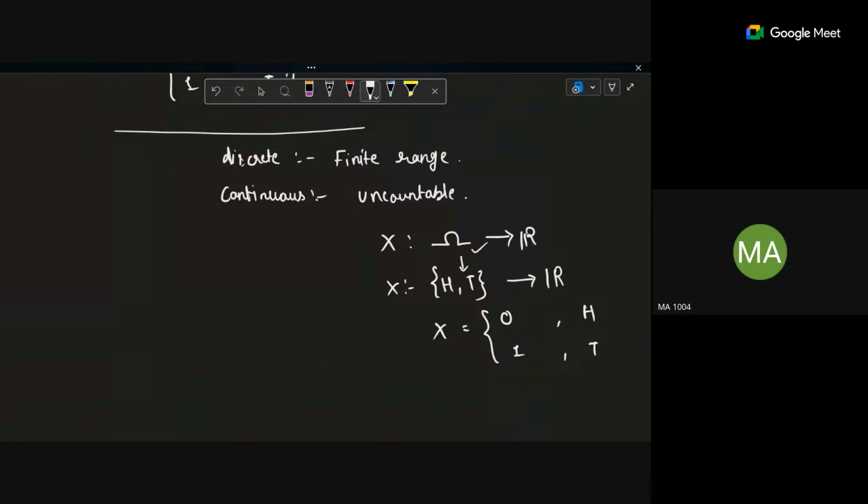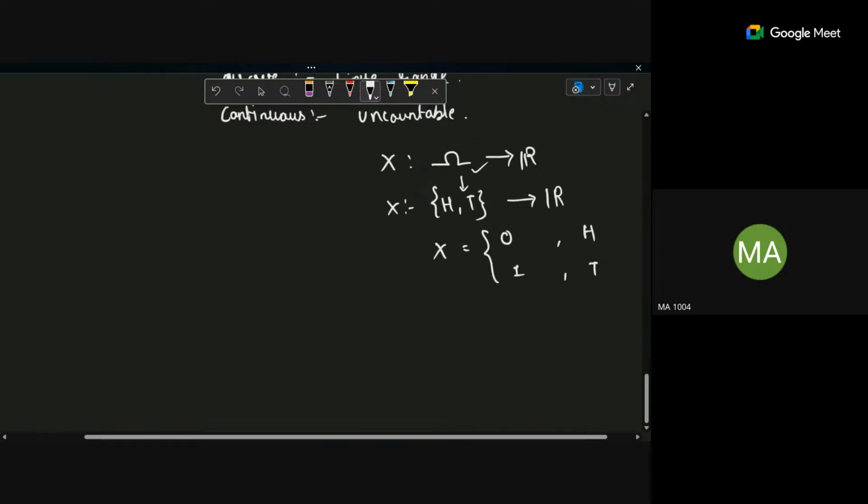It will vary so largely, from, let's say, 1 feet to 7 feet, but the numbers in between them will be uncountable, right? So when this kind of data is there, your random variable will be a continuous random variable.